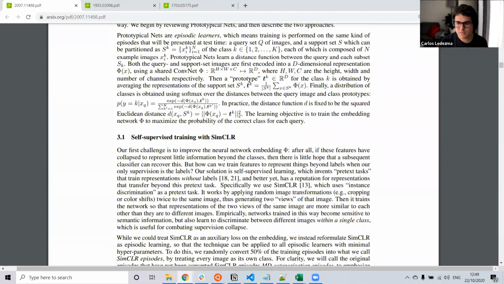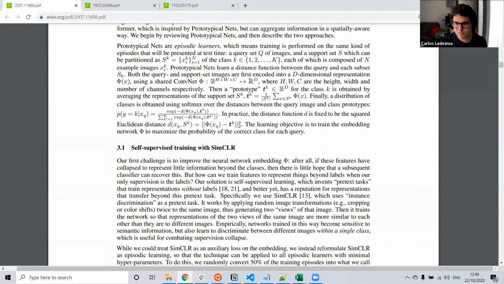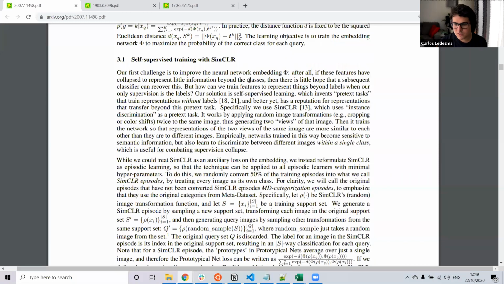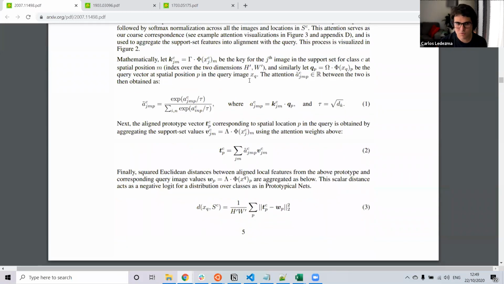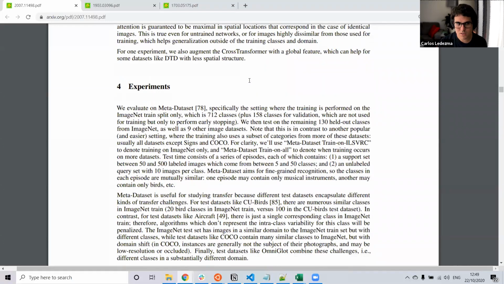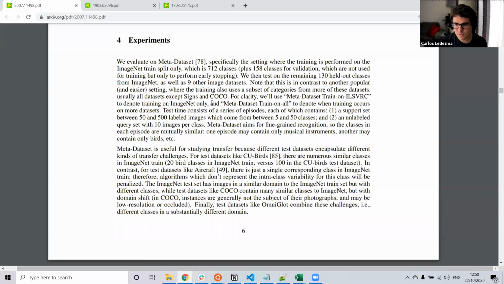If I can add a little bit to domain shift. I think that they explain it very well on page 6. They say that in the COCO dataset, for example, many of the classes are similar to ImageNet, but in COCO they may be partially occluded. So your screw is not going to be a complete screw, but a partial screw.